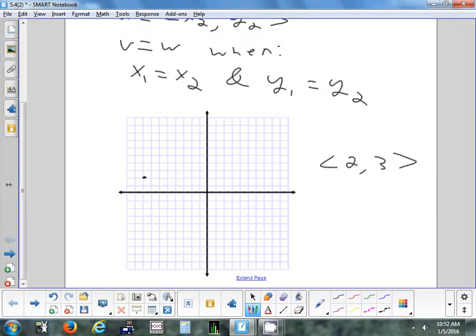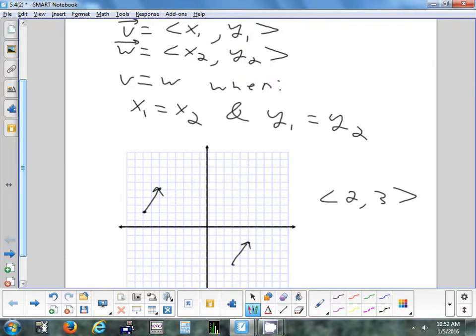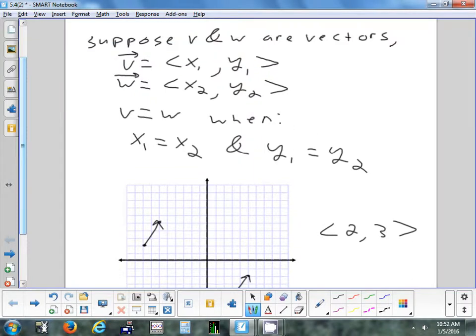I could put it here, or I could put it over here. Even though those two vectors are in different spots, they are equal. Okay? As long as if you were to move them to the same spot, they would be exactly on top of each other. Okay? So same horizontal components, x1 and x2 equal, and same vertical components, y1 and y2 are equal.